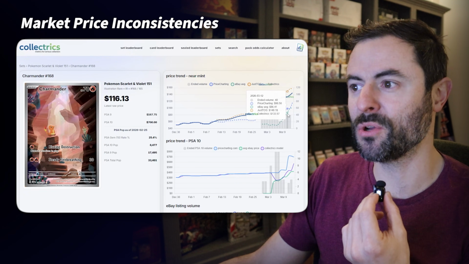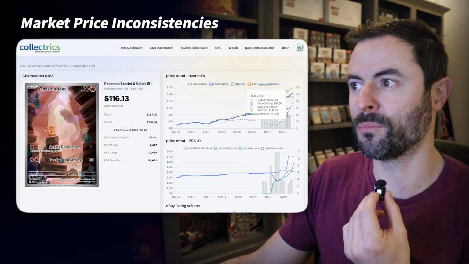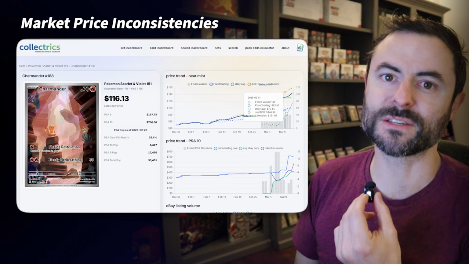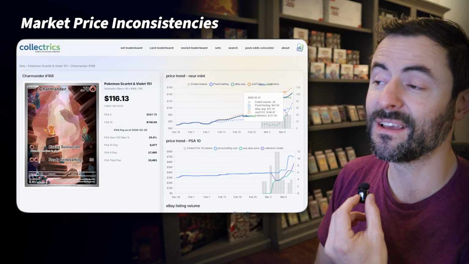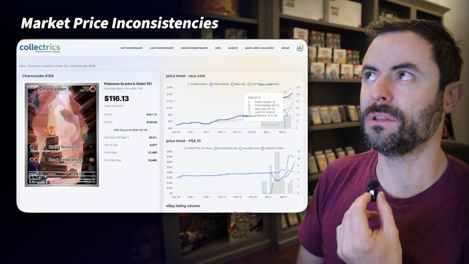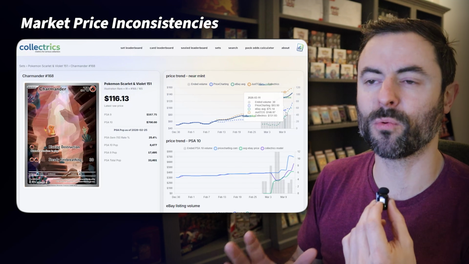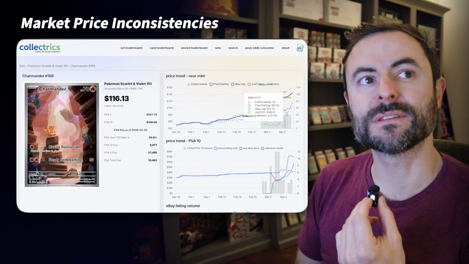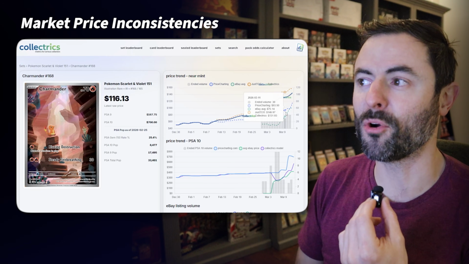So that's my goal. I'm hoping to continue to make this a little more precise, get this cleaned up, and have a Collectrics price, which would be your market normalized price. My goal really is not about preventing anything. It's just about informing.